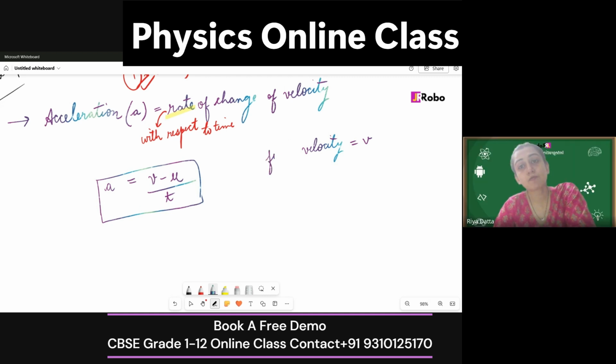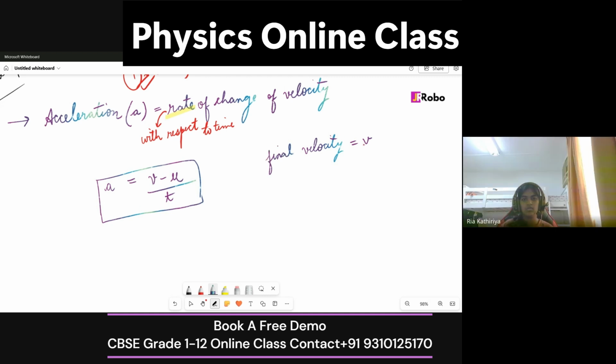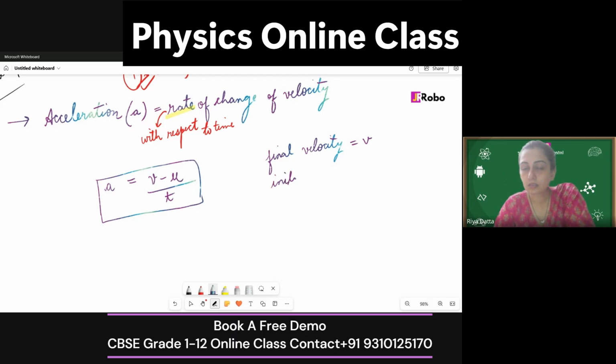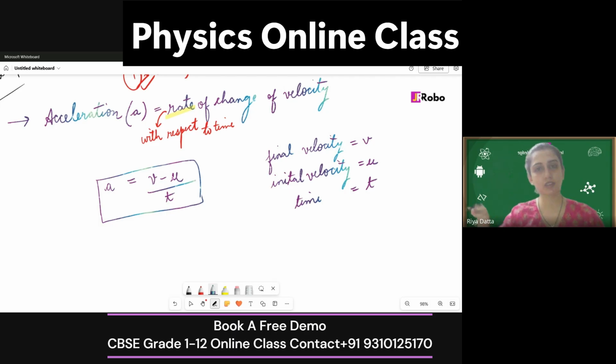We mostly represent final velocity as v and initial velocity as small u. And t is obviously the time here. So what I'm doing here is simply taking the difference between the two velocities, final minus initial, and the change of the velocity with respect to time. That's why the time came in the denominator, right? So this is the formula for acceleration.